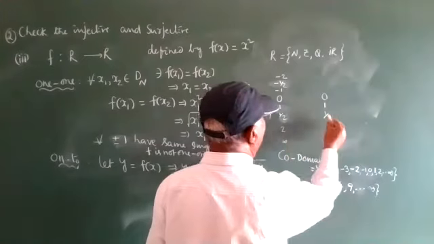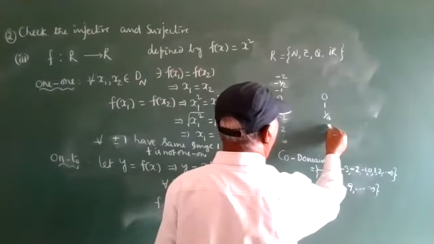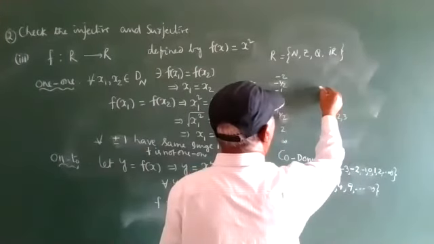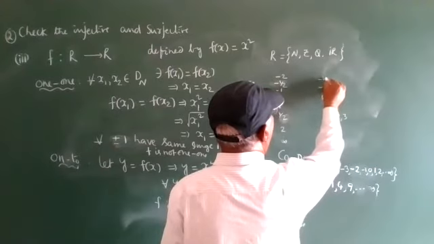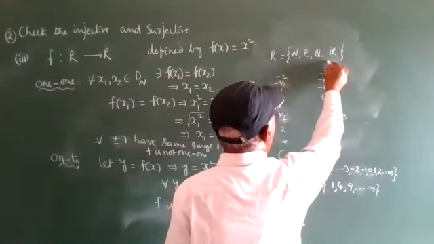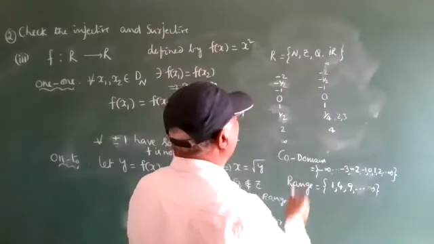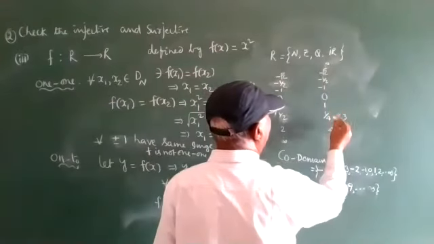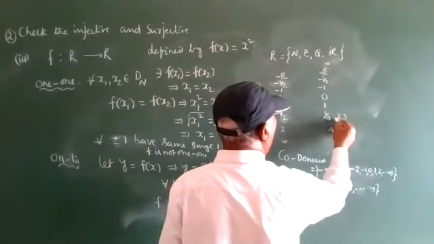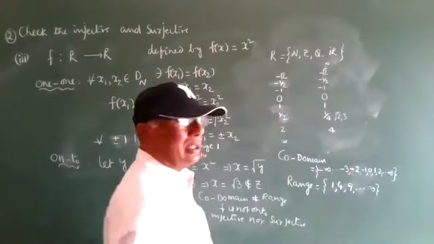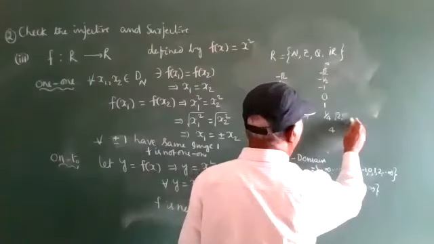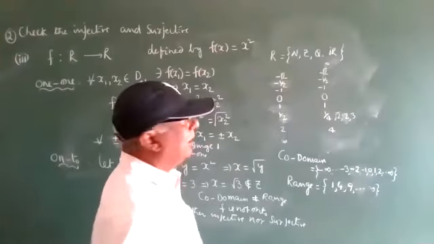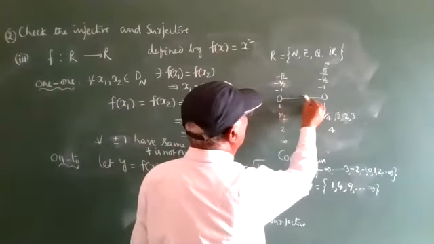Here are minus 1, minus 1 by 2, minus 2, up to infinity. Root numbers are also there. Root 2, root 3, root 4 and everything is there. So this is the figure. 0 square is 0 only.